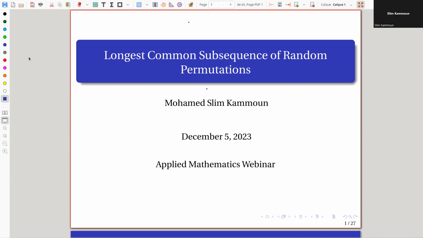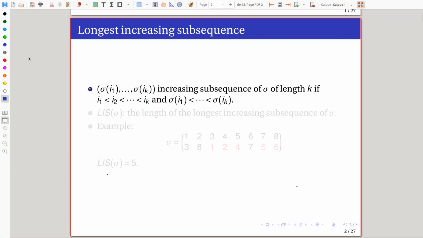Thank you very much for the introduction, and thank you for this opportunity to present some results. So I will be talking about a question that is not new. We try to understand what is the length of the longest increasing subsequence of a random permutation. A permutation is just a reordering of the entries from 1 to n, and an increasing subsequence is just some entries that are increasing.